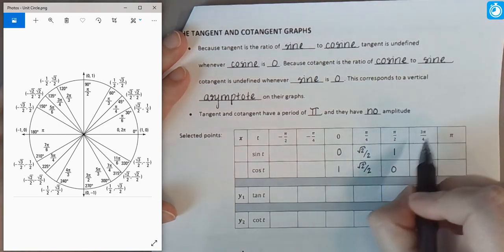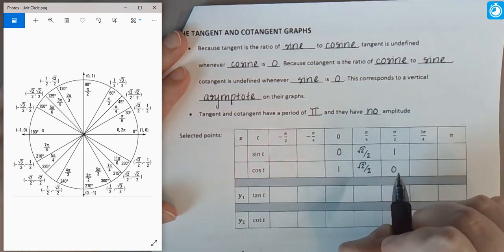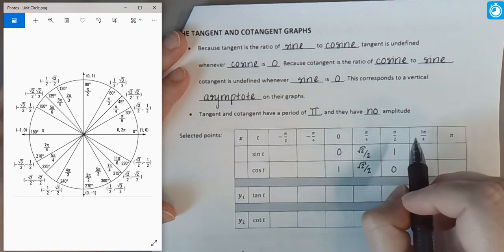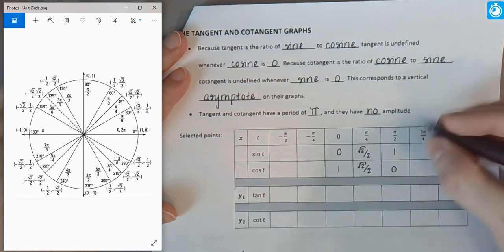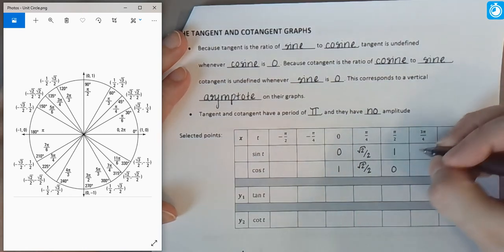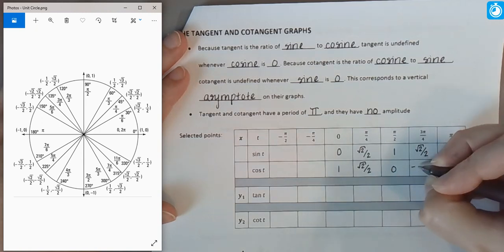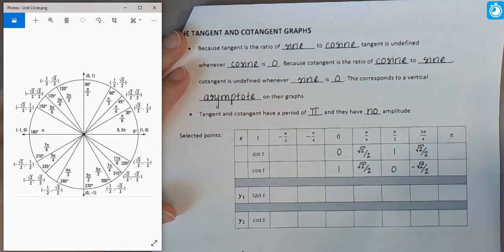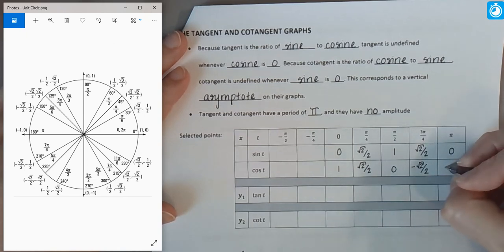Now as we go into the second quadrant past pi over 2, now we have negative x values. Okay, so our sine is still positive. At 3 pi over 4, our sine is going to be root 2 over 2. But our cosine is now negative. It's going to be negative root 2 over 2. And then once we get to pi, our sine is going to be 0, and our cosine is going to be negative 1.